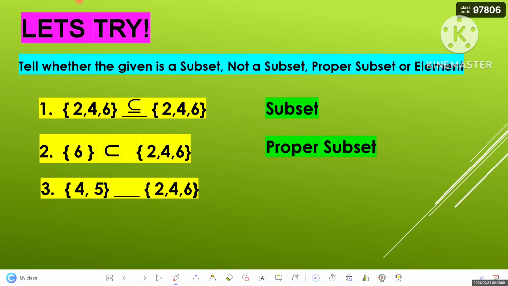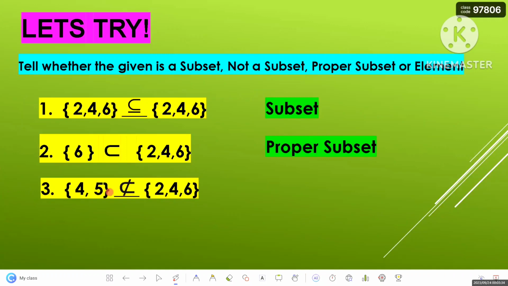Number 3, we have set 4 and 5 blank set 2, 4, and 6. May nakita ka bang similar sa kanila? Of course, wala. Kaya ang sagot dyan is not a subset. Hindi siya subset. Bakit? Wala kasi siyang magkapareho. Di tulad nitong subset na to na parehong-pareho sila. This time, meron silang hindi magkapareho.